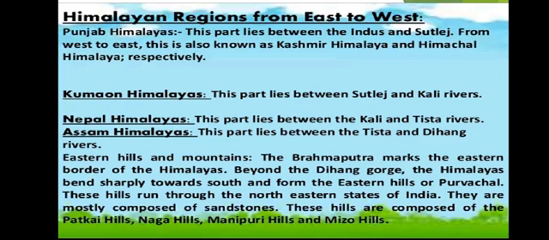Second one is your Kumaon Himalayas. This part lies between Satluj and Kali rivers. Next one is your Nepal Himalayas. This part lies between Kali and the Tista rivers. And last one, Assam Himalayas. This part lies between Tista and Dihang rivers.